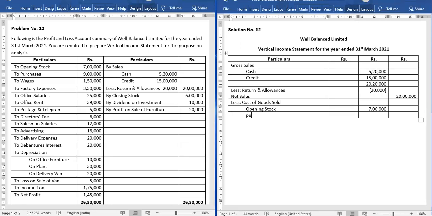Then purchases 9 lakhs. Wages, COGS, 1,50,000. Factory expenses 3,50,000.